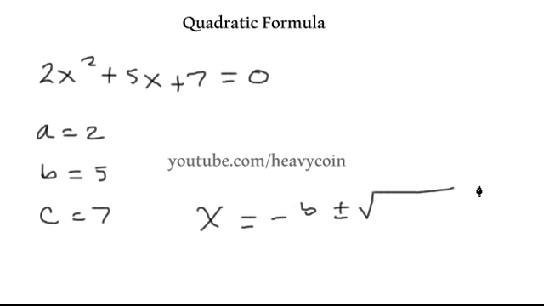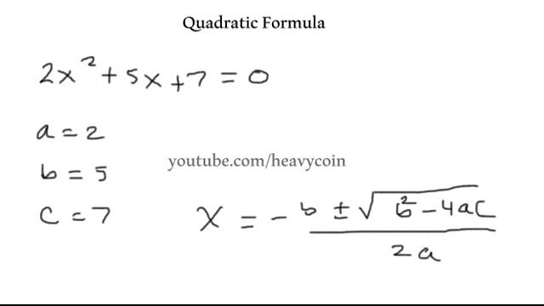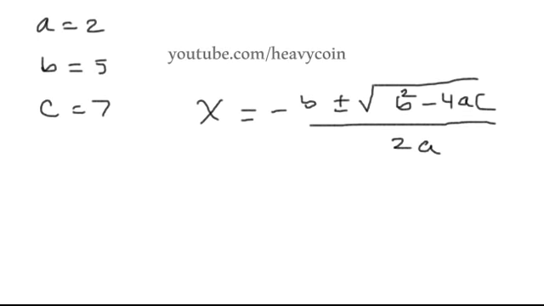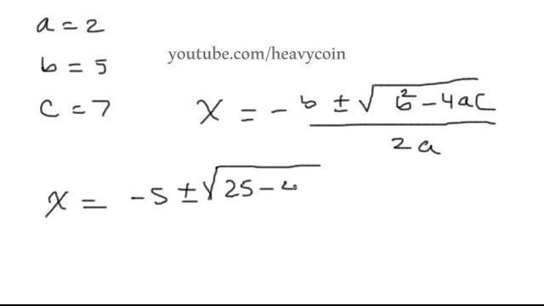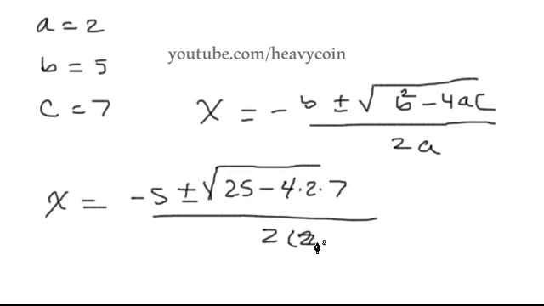Negative b plus or minus the square root of b squared minus 4ac, all over 2a. And so now we go plugging stuff in. So that'd be negative 5 plus or minus the square root of b squared, which is 25, minus 4a and c over 2 times, oh, no, that's a, it's 2 times 2. Getting in a hurry there.